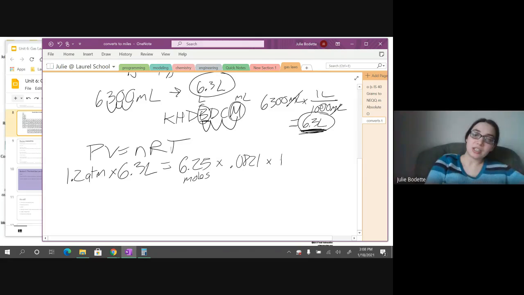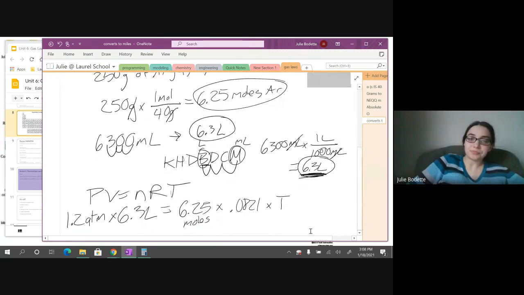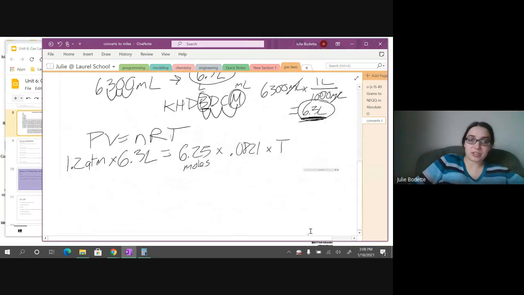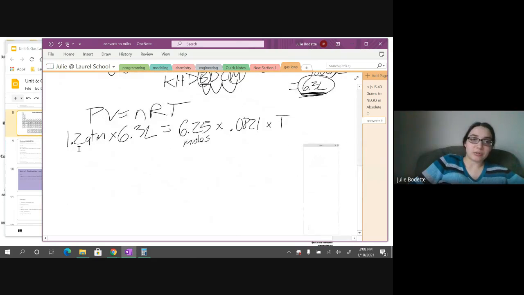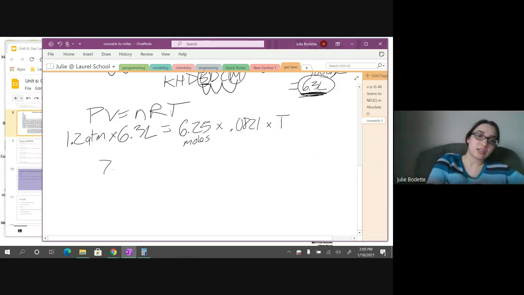And then T, temperature. It says, what is the temperature of the gas in degrees Celsius? So we are solving for T. We do not know T. Okay, so let's solve this equation. On the left, I have 1.2 times 6.3, which is 7.56.